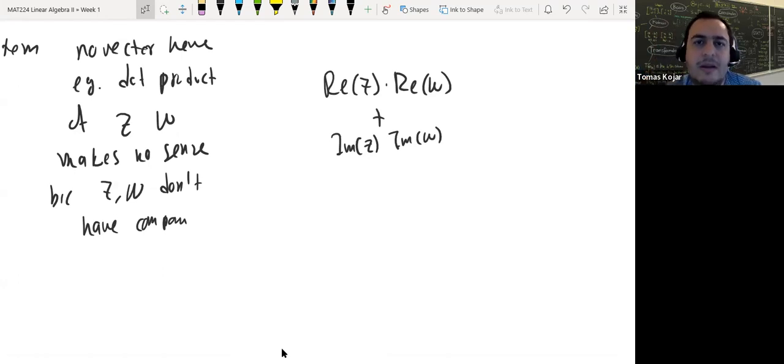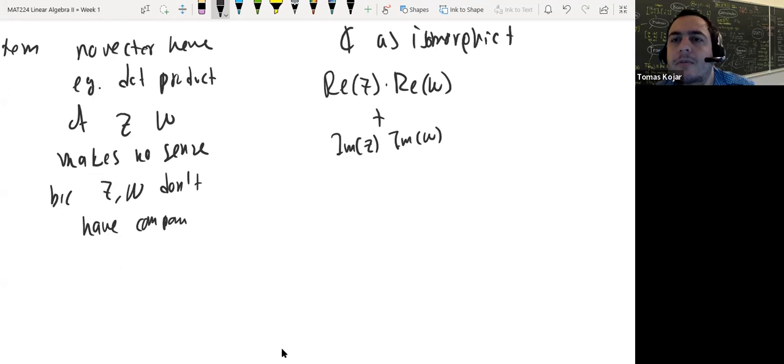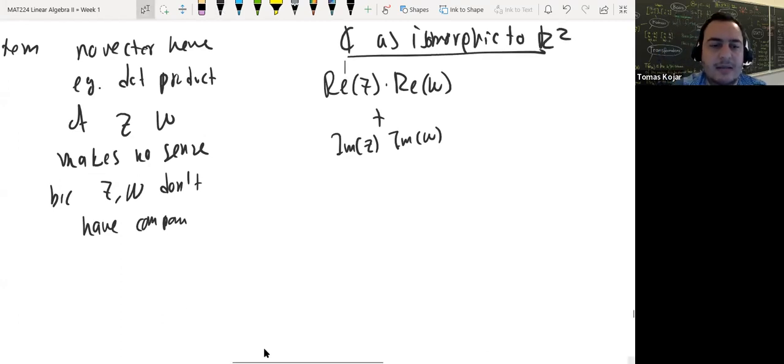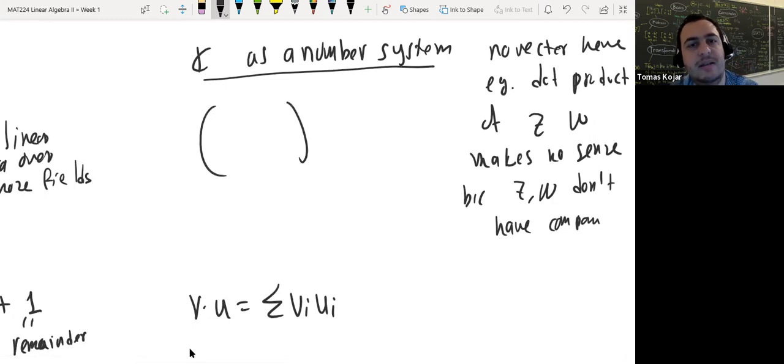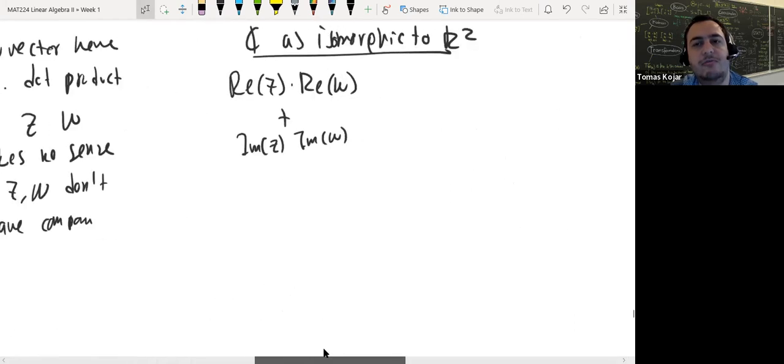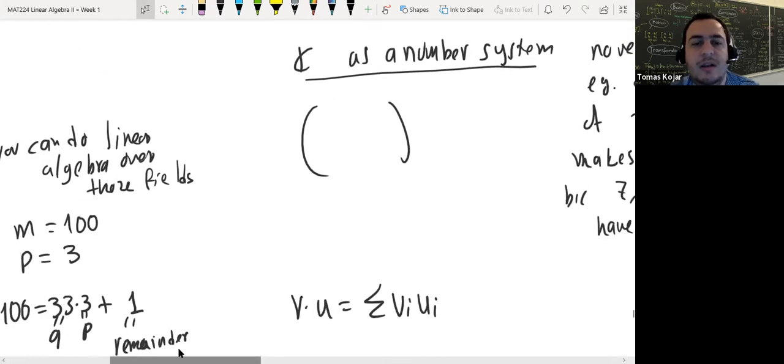You can think of C as isomorphic to R2, or you can think of C as a number system. And when we do linear algebra, we do the second. We think of it as a number system. We don't think of it as a vector. So here is where we do linear algebra.